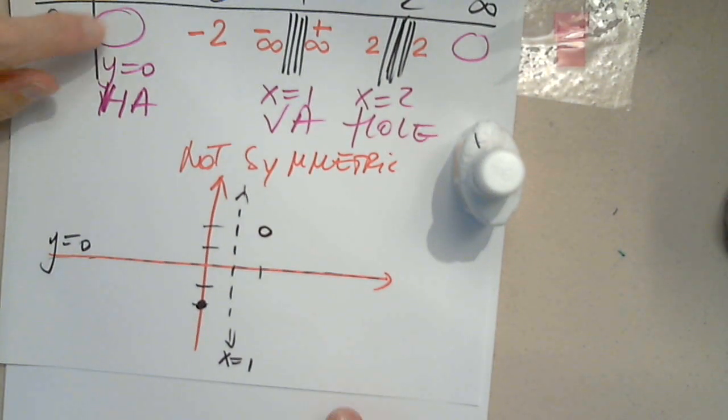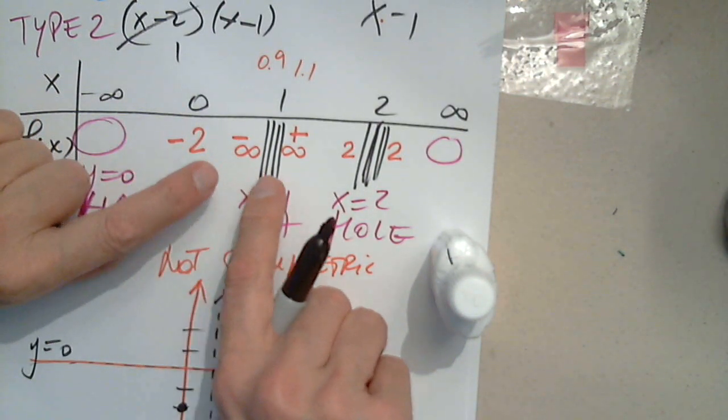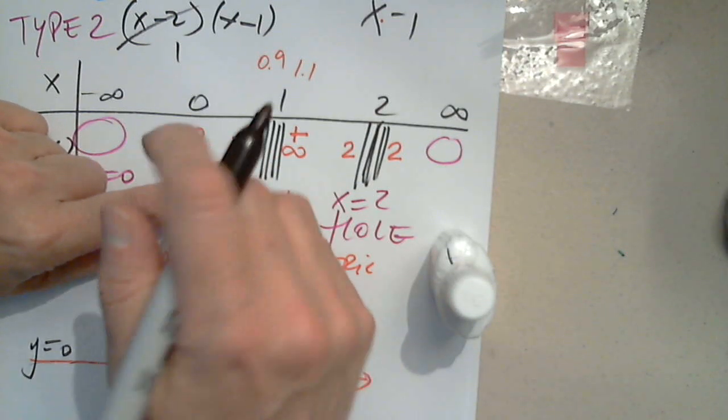And I'm ready. From approaching 0, crossing at 0, negative 2, going to negative infinity.